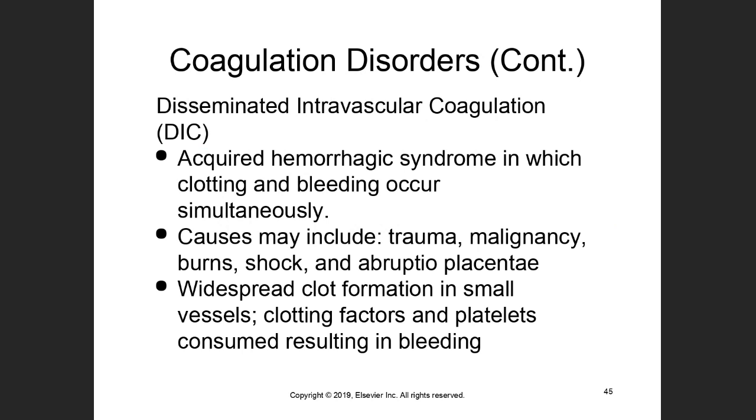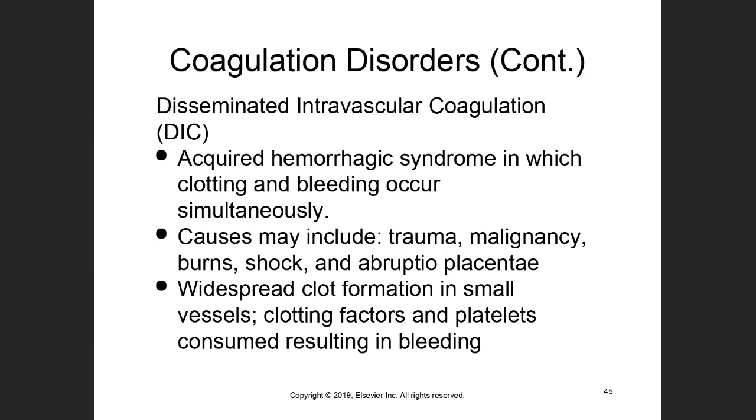Now we have DIC. You remember I talked about consumption coagulopathy. This is a consumption coagulopathy. DIC is an acquired hemorrhagic syndrome in which clotting and bleeding occur simultaneously. It's due to trauma, malignancy, burn, shock, abruptio placentae, or problems during delivery in pregnant women. Due to those problems, you activate the coagulation process.